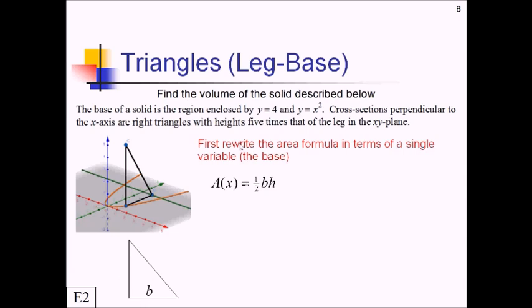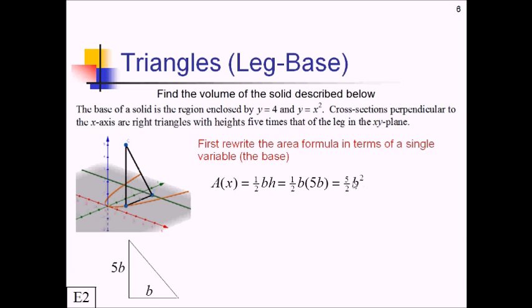So we're told that the heights were 5 times the leg in the xy plane. So this means that our height is really going to be 5 times this base down here. Plugging that back in, we have 1/2 base times 5 times base. And let's simplify this. That's going to be 5/2 b squared. So this is something we can work with a little bit more easily now.